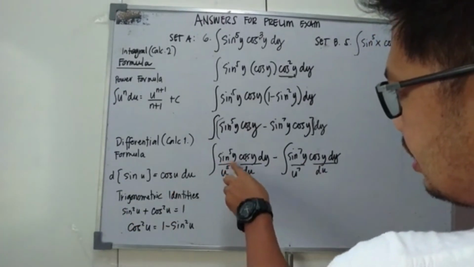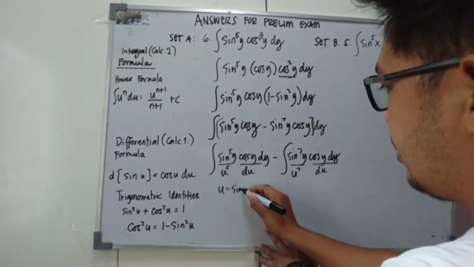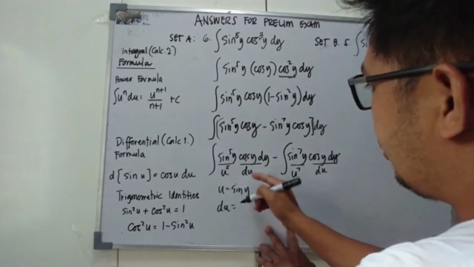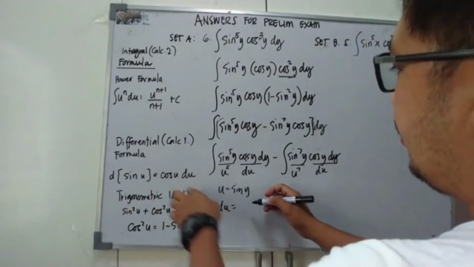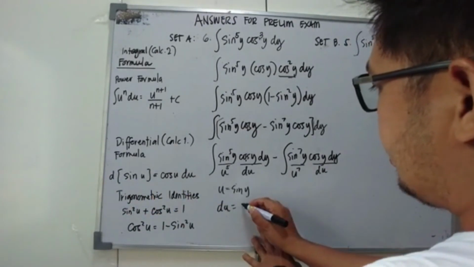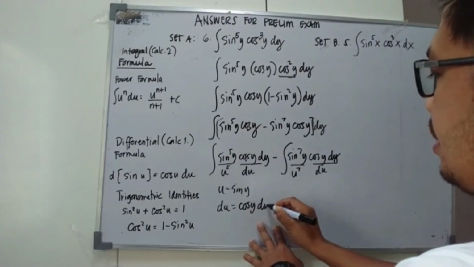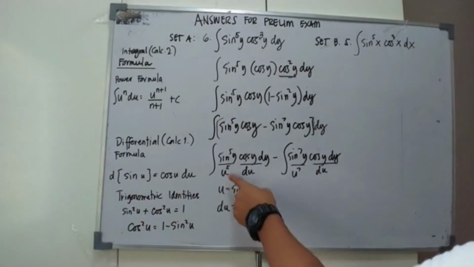So your u is equal to sine of y, and your du is equal to cosine of y dy. The derivative of sine is cosine.